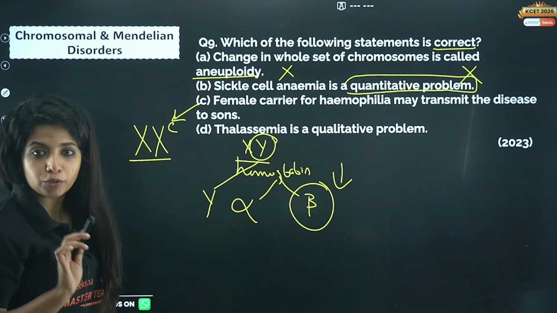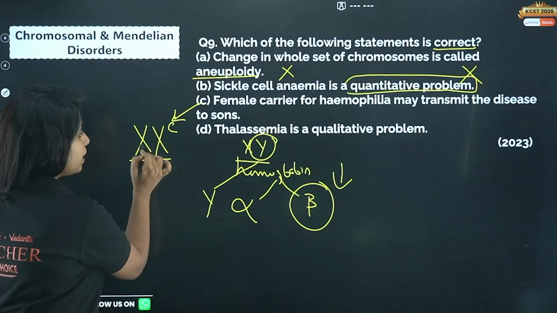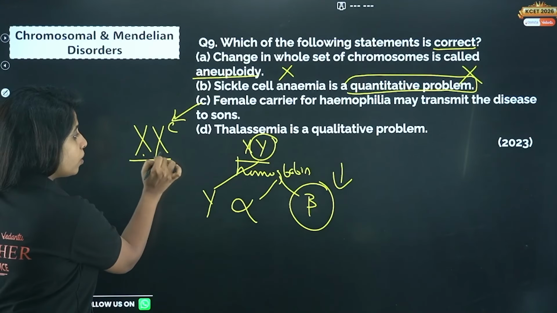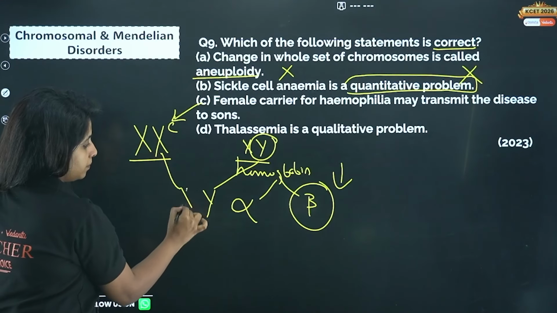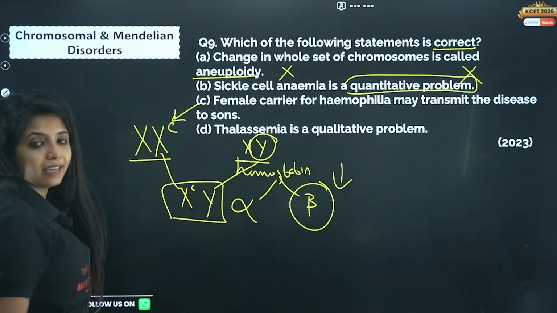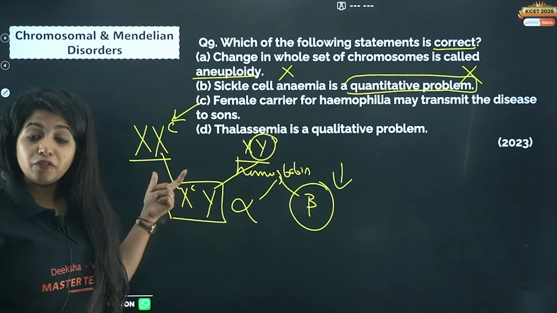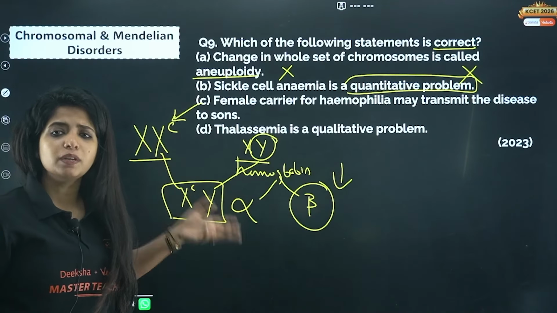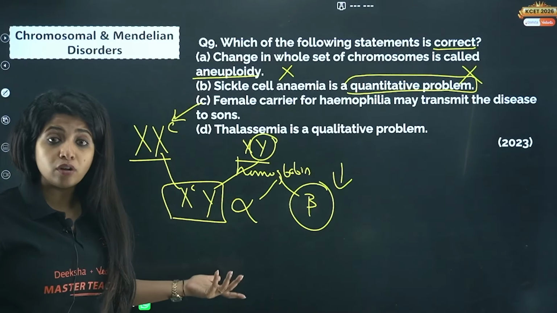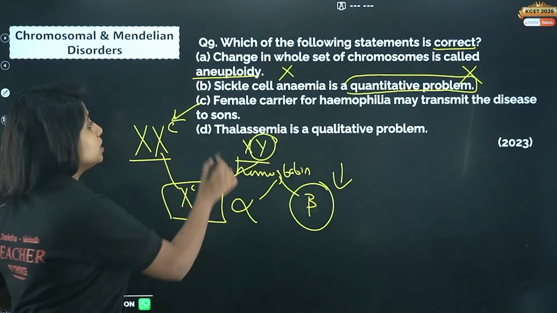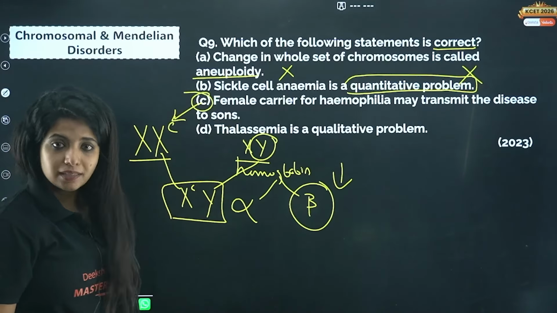Because he is the only one who can contribute Y chromosome. From the mother, it can be either this X chromosome or this X chromosome. Suppose this comes. Then it is XY. So female carrier for hemophilia, color blindness may transmit the disease to the sons. Can it be wrong? No, it cannot be wrong. So this is a correct statement. It is absolutely correct statement.